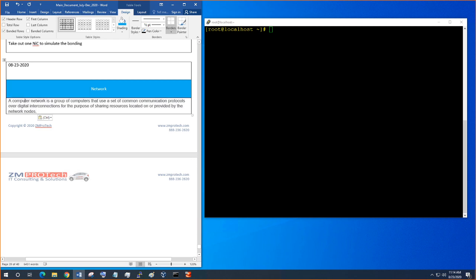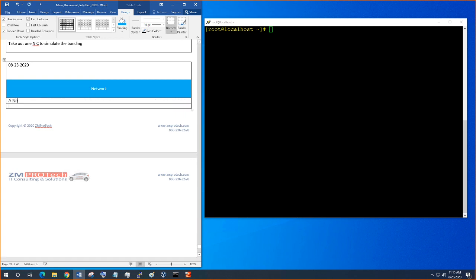We'll see here, a network is a collection of computers, servers, network devices, and peripherals.